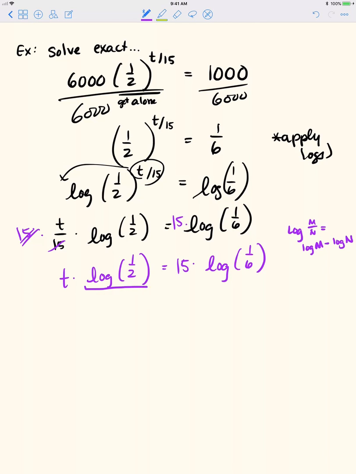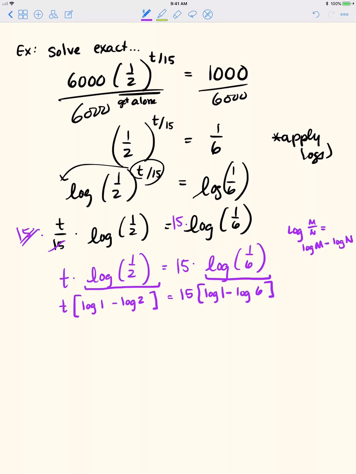So if I take those separately and rewrite log of 1/2 as log of 1 minus log of 2, and the same thing for the 1/6, I can rewrite the log of 1 over 6 as the log of 1 minus the log of 6. Again, just to make it more exact, the log of 1 is 0.